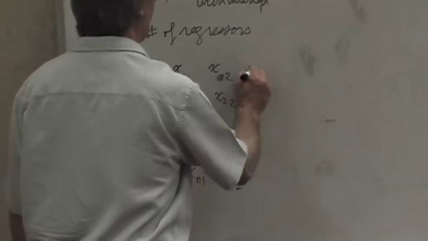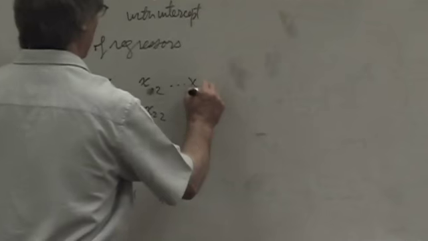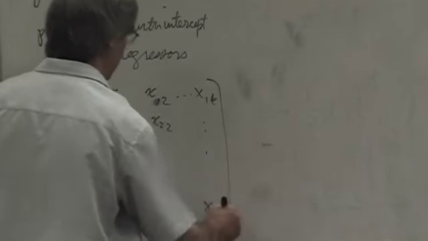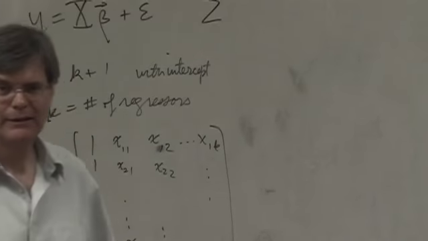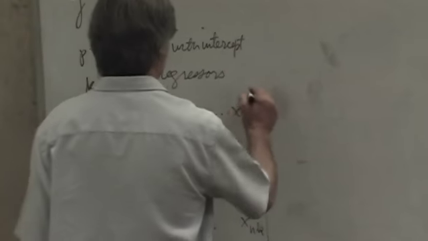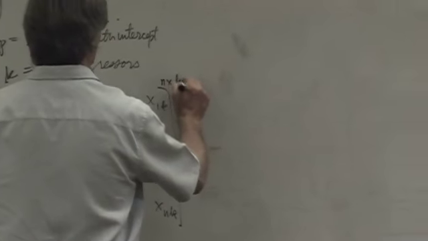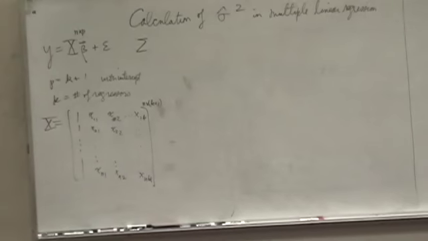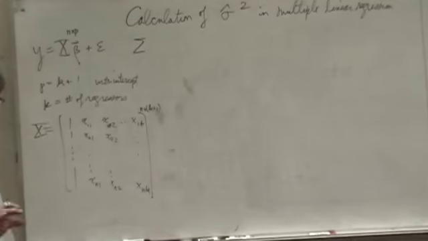And then, of course, in the general situation, you've got x1k down to xnk. So n you think of as big and k as relatively small. Okay? This is n by k plus 1. And, of course, in many of the illustrations, if I want to illustrate something, I'll just take k equal to 2 to show the multiple case.